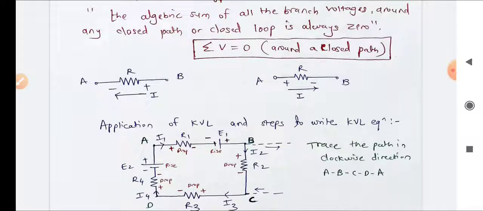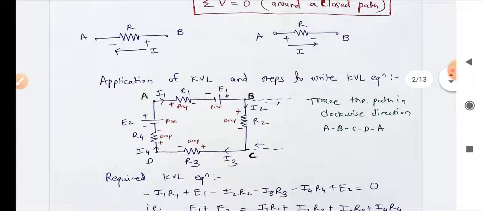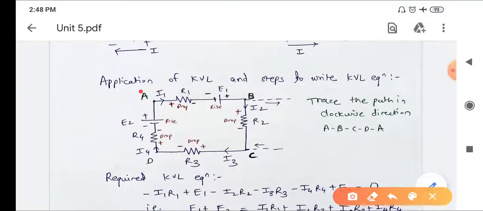So whenever we are tracing the path in the clockwise direction, we'll consider one network A, B, C, D, A. In this loop, we'll assign some current to each and every element, and we are going to give sign conventions accordingly, according to the flow of current through each element.